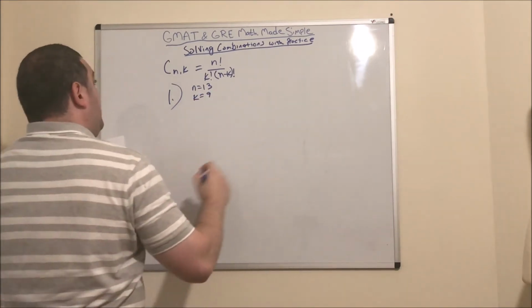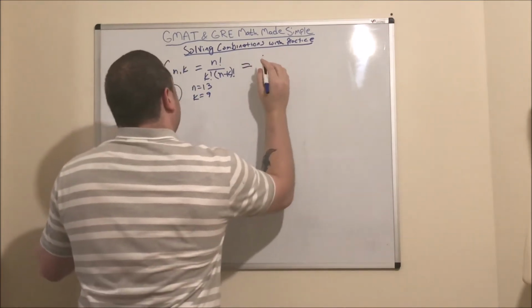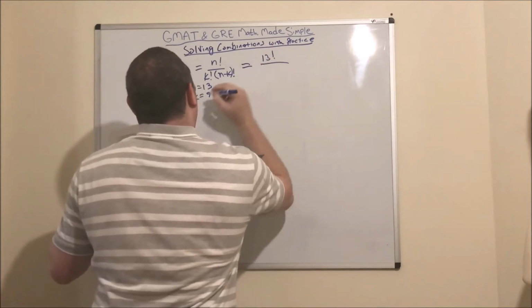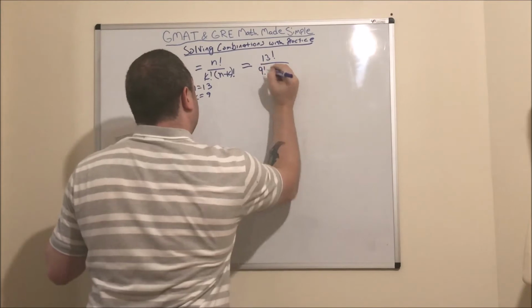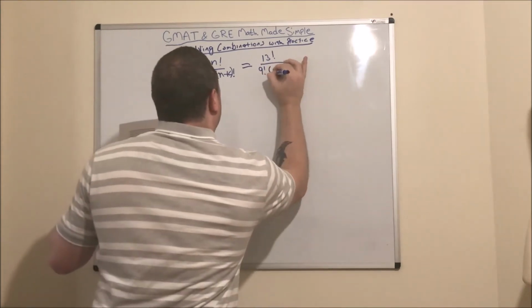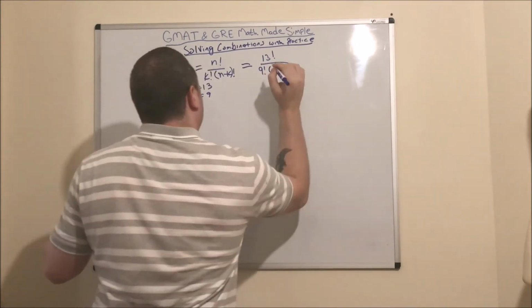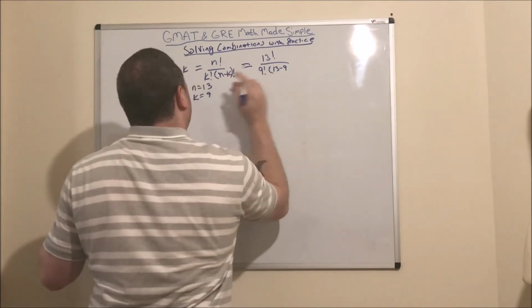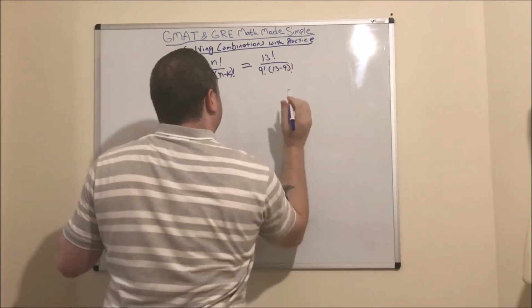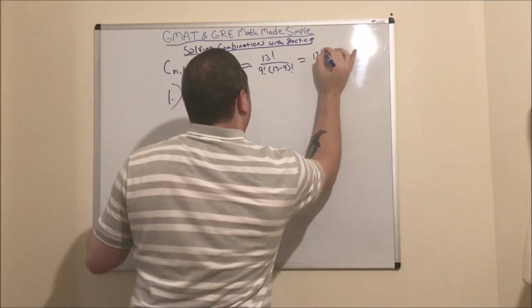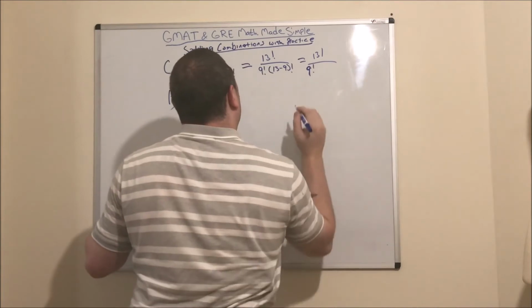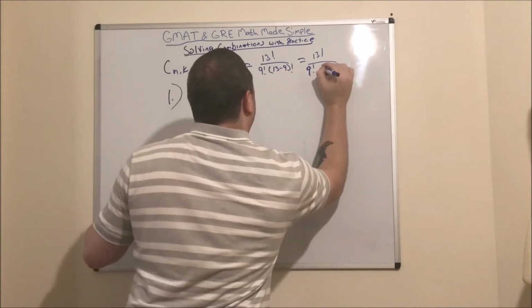When we substitute that in, we get 13 factorial over K, which is 9 factorial, multiplied by 13 minus 9 factorial. That's 13 factorial over 9 factorial times 4 factorial.